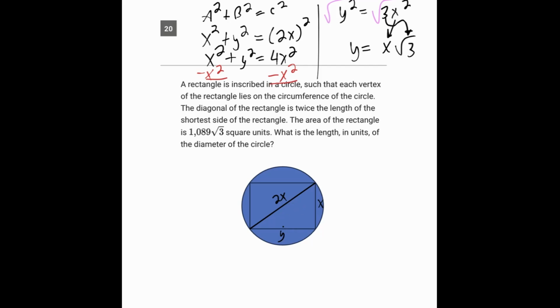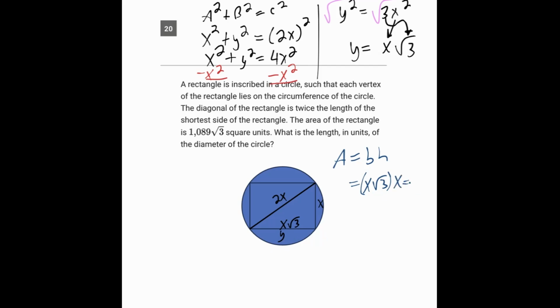So we can replace this y with x root 3. And now we have something that we can use to write out the area of the rectangle, which is base times height. So for the base, we'll put x root 3, and for the height, we'll put x. And so that's the base and the height of the rectangle.